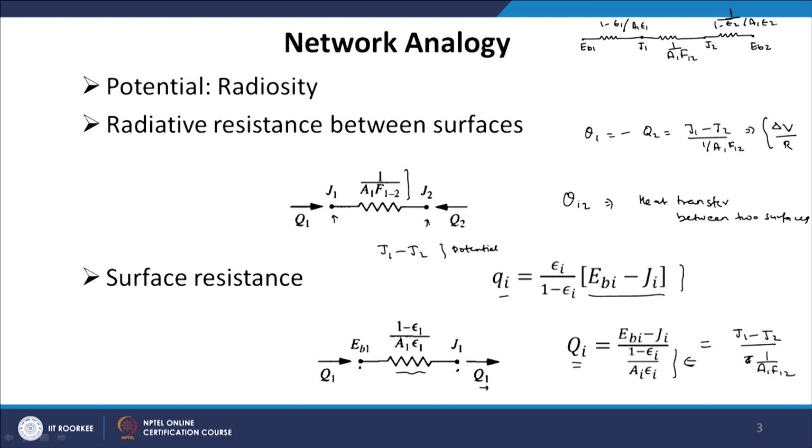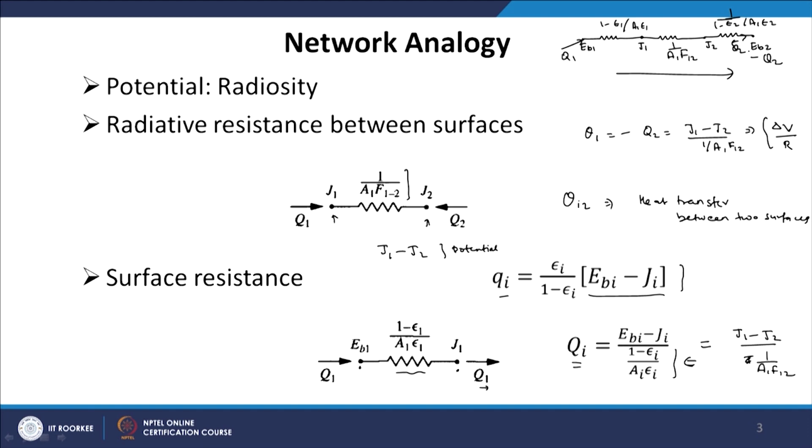And if there is no other surface, the current throughout is going to be the same. If Q1 is the current here, this current will be uniform, so it will be minus Q2, where Q2 has direction in the reverse direction.